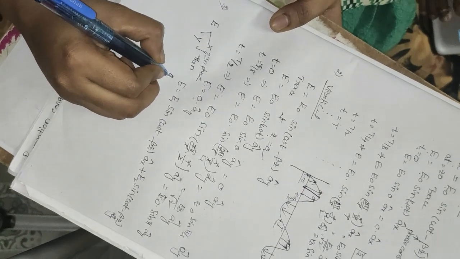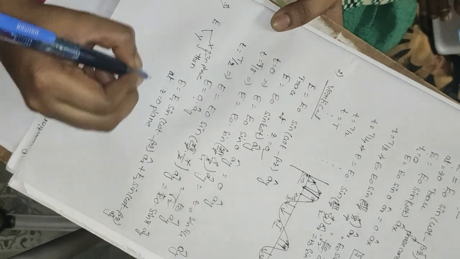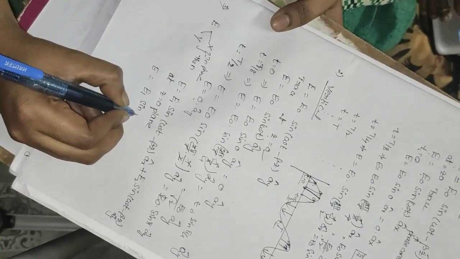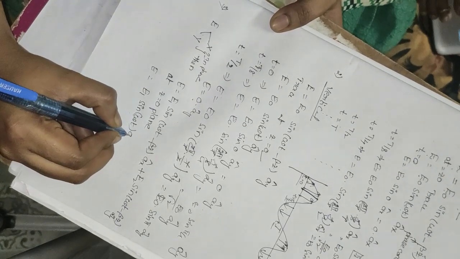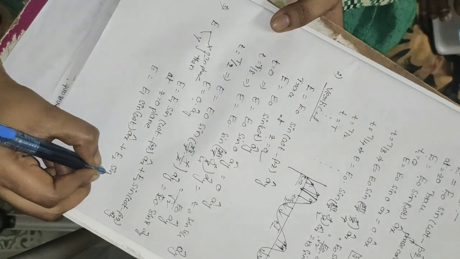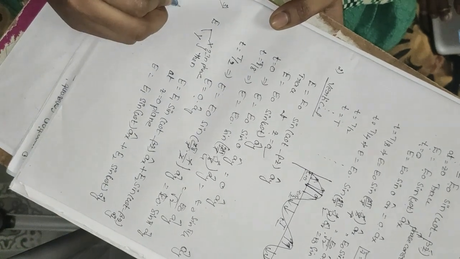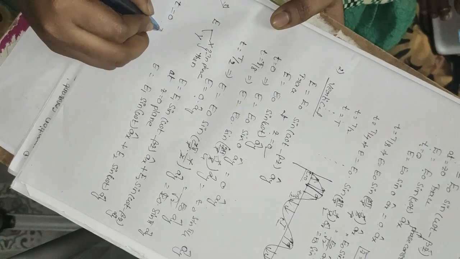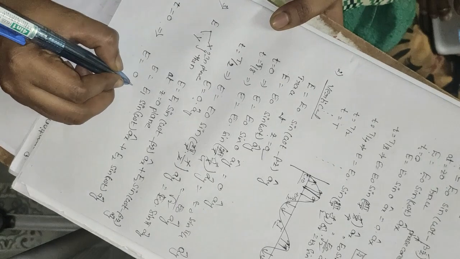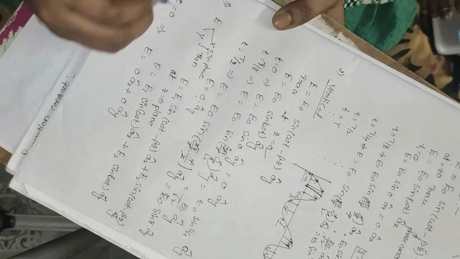So at the z equals 0 plane, E is equal to E1 sine omega t along the x axis plus E2 sine omega t along the y axis. Again for t equals 0, E is equal to 0 ax cap plus 0 ay cap.